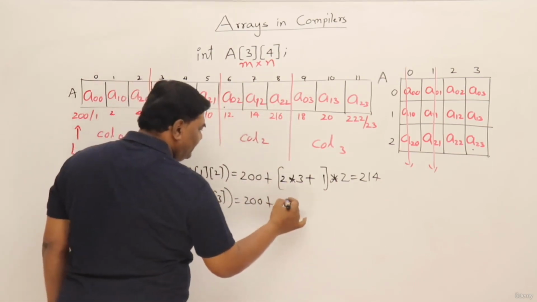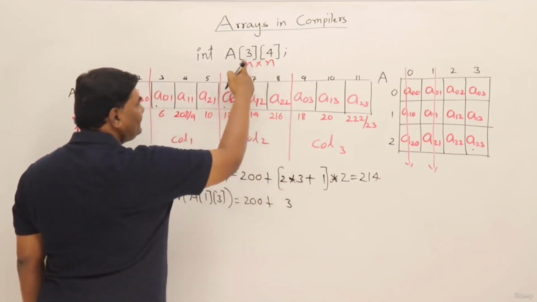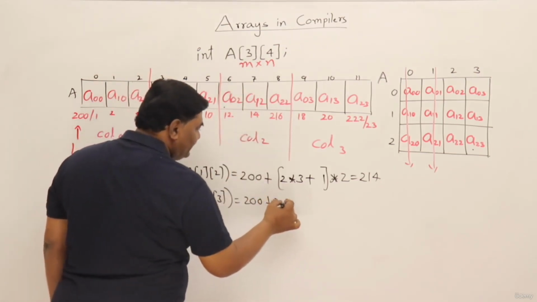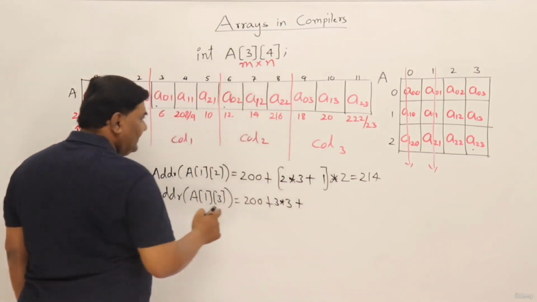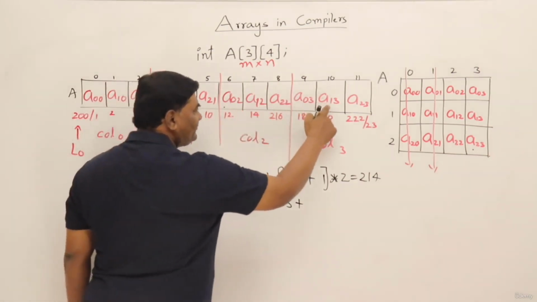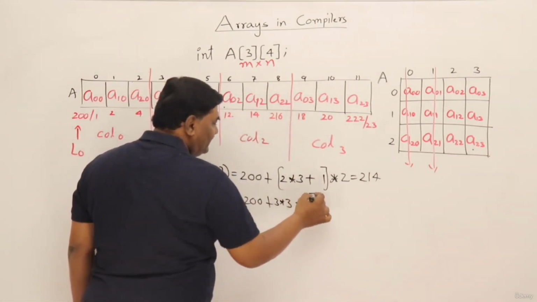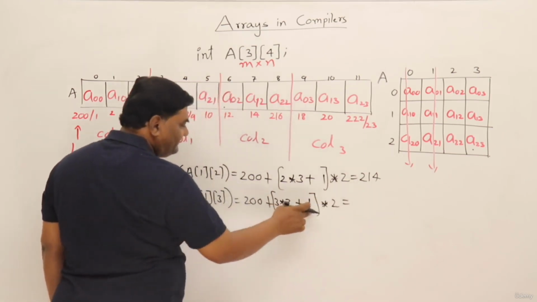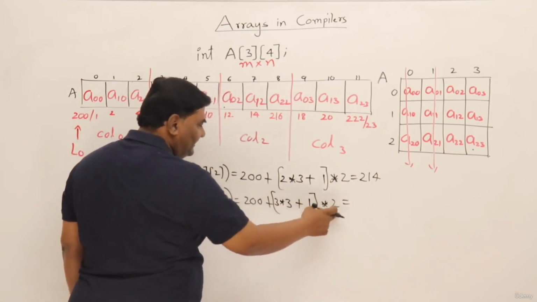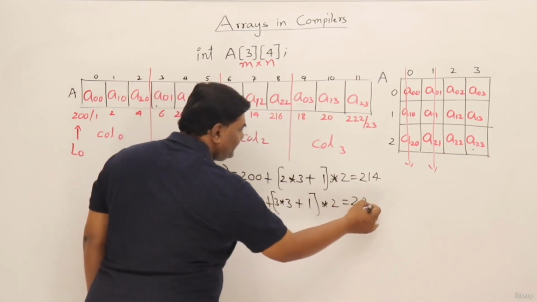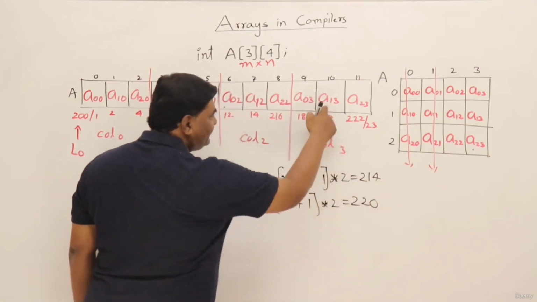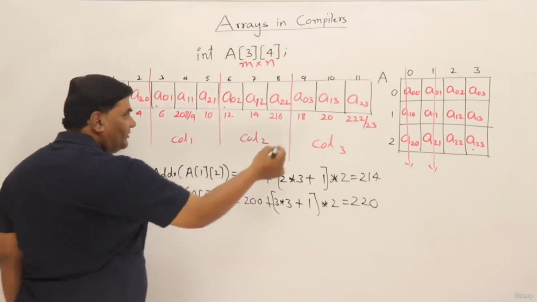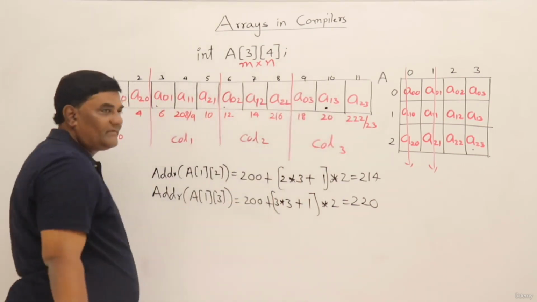So I have to skip 3 columns, and in each column there are 3 elements. So this is 3 into 3, plus... Once I reach here, how many elements should I move forward? Just one element. So this is 3 times 3 is 9, plus 1 is 10, into 2, that is 20, 220. So 220 is the address. Yes, 220. The element A[1][3] is here.